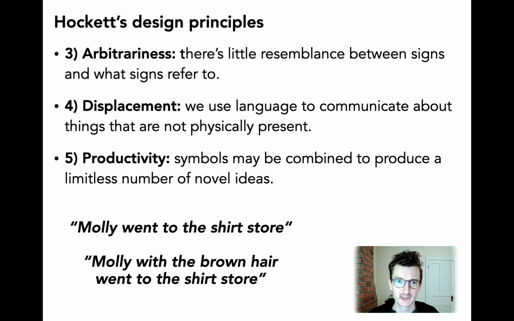These symbols are arbitrary. There's no resemblance between the word bear and what a bear looks like, or the word pear and what a pear looks like. If there was a resemblance, those two things would arguably be quite similar because the two words are quite similar, right? So the signs that we use are arbitrary with a few exceptions.